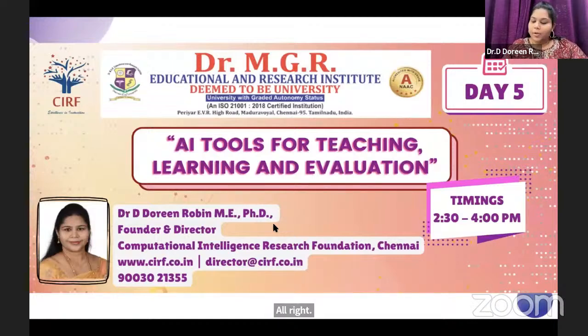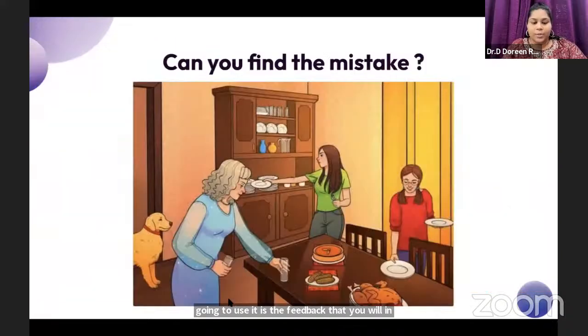So you have learned many such tools, and how you are going to use them is the feedback that you will in reality give to us when you do it. Can you find the mistake? What's the mistake in this?